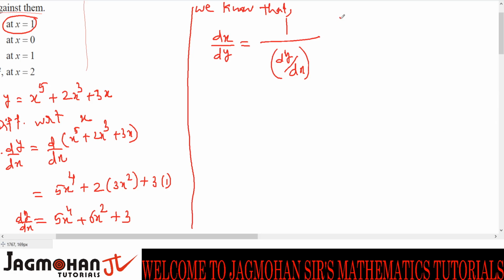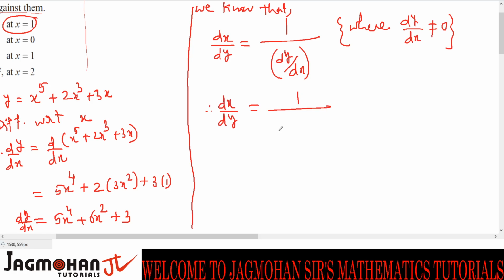So I get therefore dx by dy equals 1 over 5x raised to 4 plus 6x square plus 3.